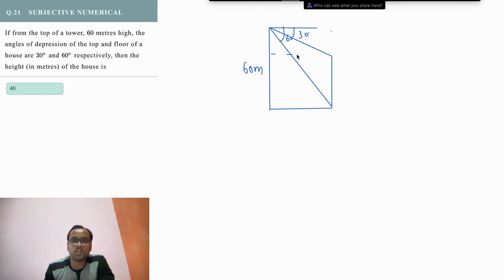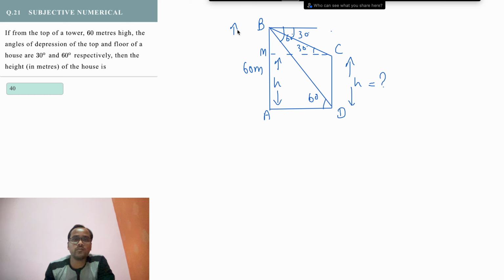So if I draw the horizontal line here, this angle will be 30 degree and this angle will be 60 degree. Let's say AB is the tower, CD is the house, and let's say this horizontal is CM. AB is 60, then the height of the house they want to ask, let's say this is h, that is unknown. So MA will also be h.